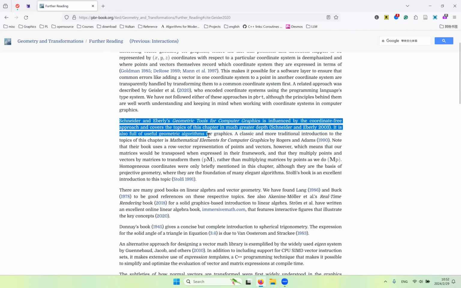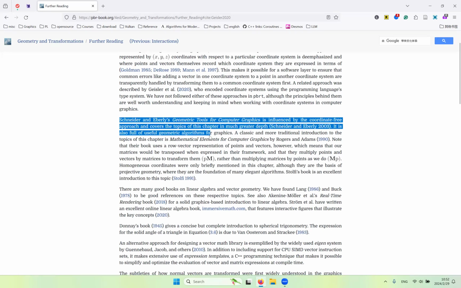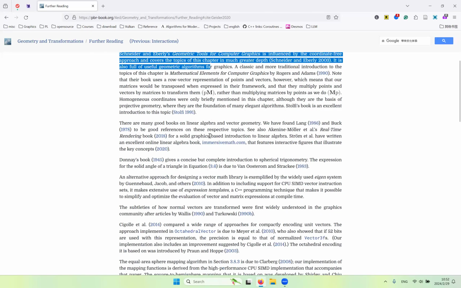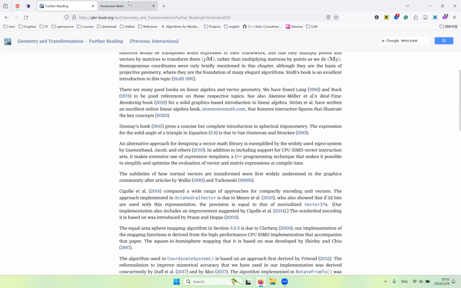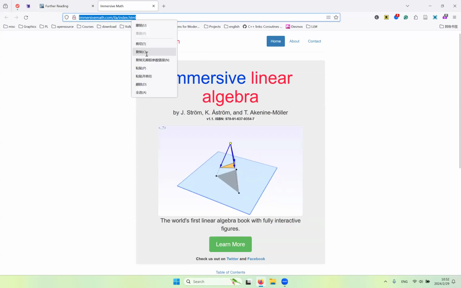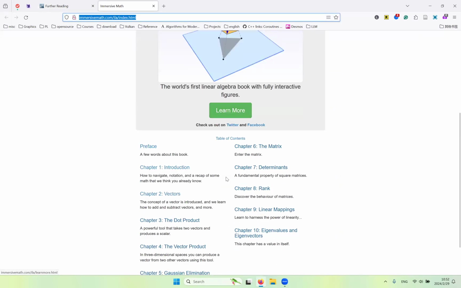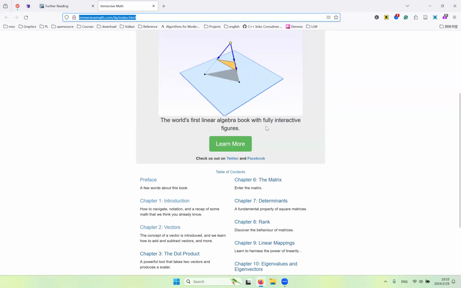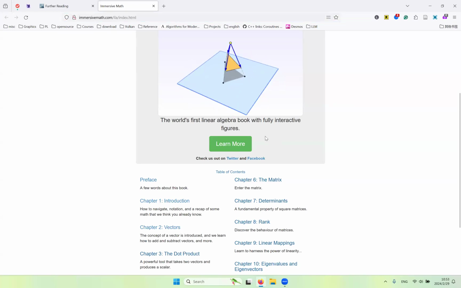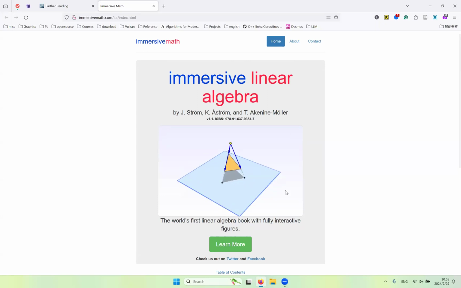Like more book recommendations. Oh, this is Immersive Math. I actually find it a bit hard to read this book for some reason. I prefer traditional linear algebra sources to this book, but other people may enjoy it.